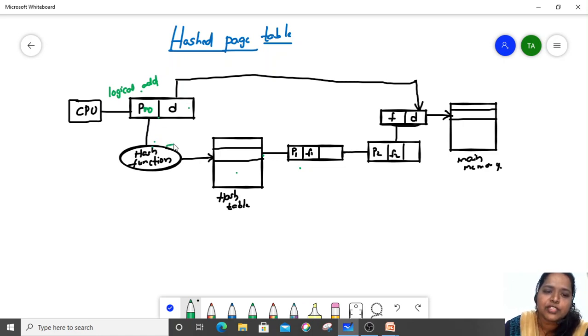The output of the hash function is the hash value. This hash value is mapped onto the locations of the hash table.